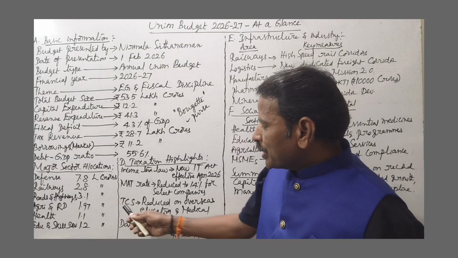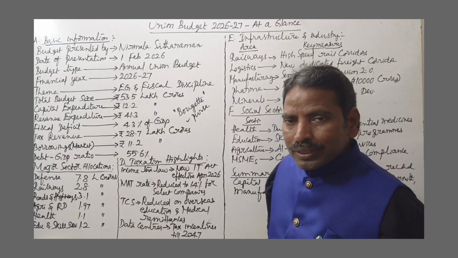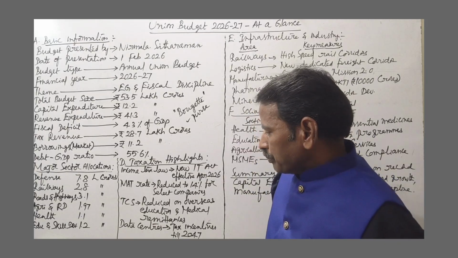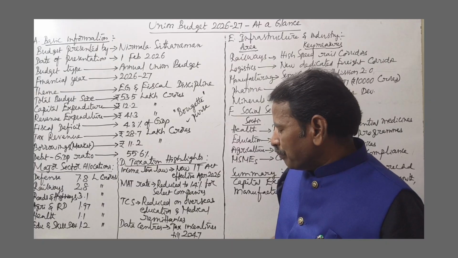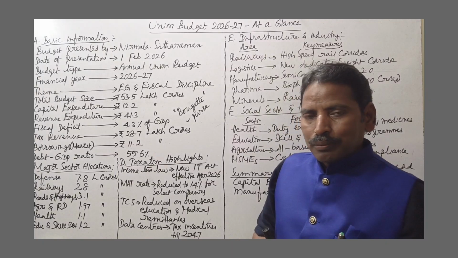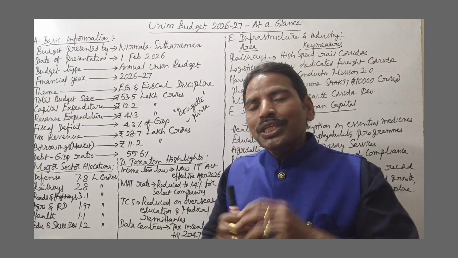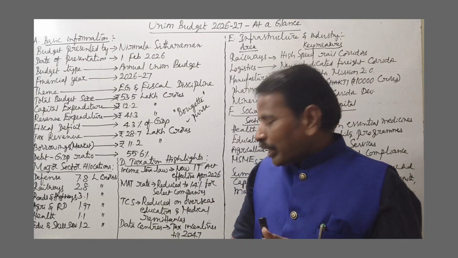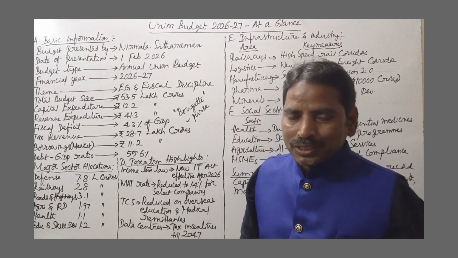Next, TCS, tax collected at source. That is reduced on overseas education and on medical remittances.